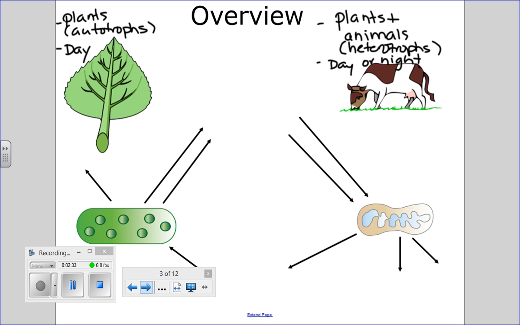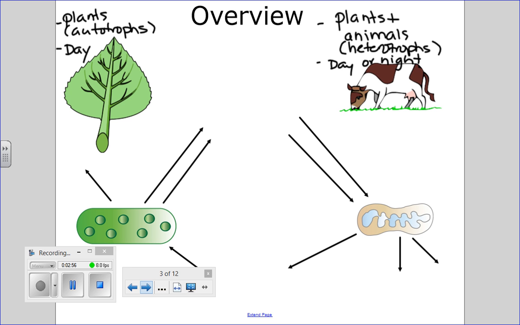We have a tendency to focus on plants and animals because they're the ones that we discuss the most, but don't forget there are other categories of living things, bacteria, mushrooms, those are all living things and they all perform some type of cellular respiration.